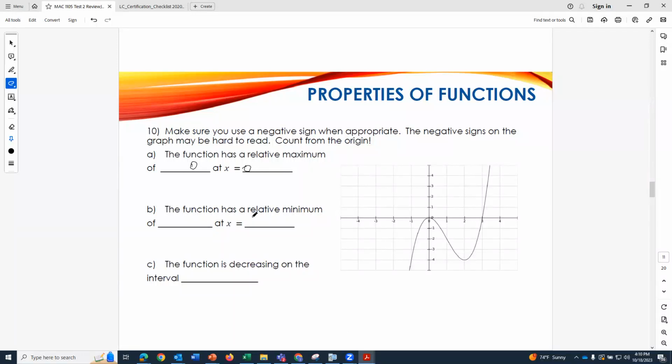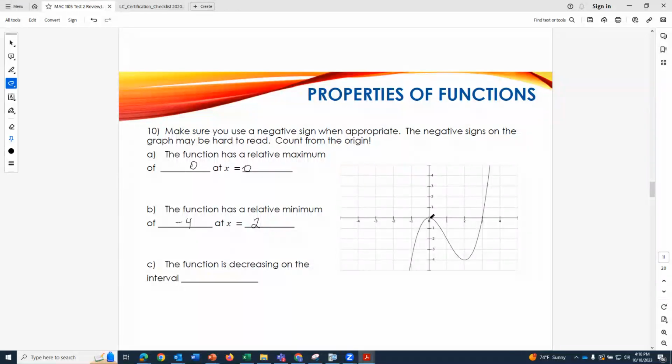And the function has a relative minimum of -4 at x equals 2. And the function is decreasing on what interval? This part is increasing because it's going up.